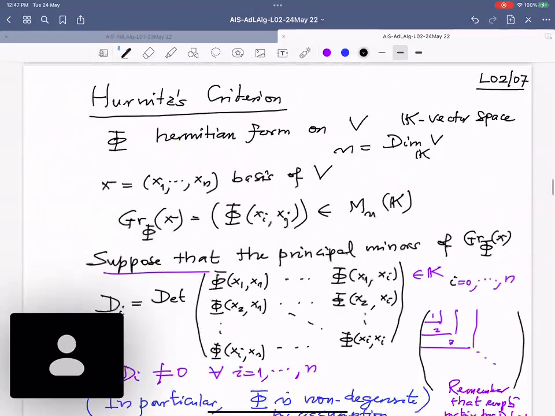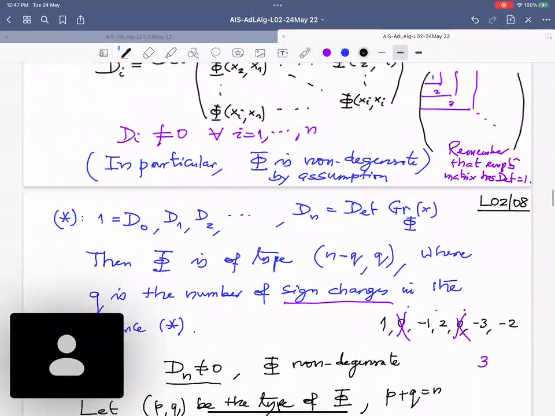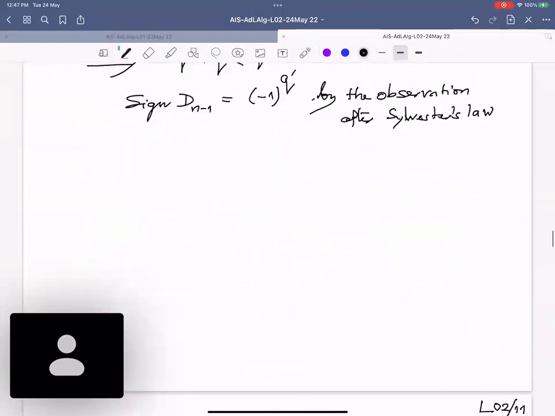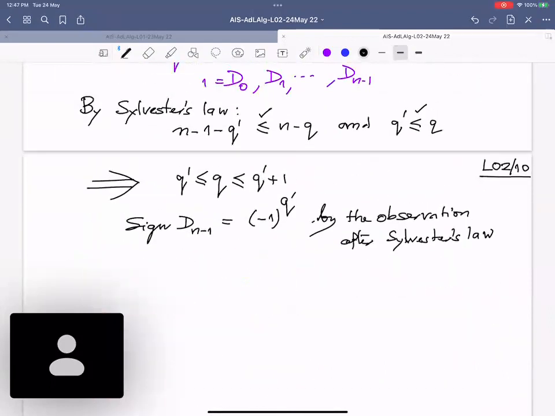All right. So that we got. And then we are interested in finding out the sign of Dn. By the same observation, sign of Dn is minus 1 power Morse index of phi.